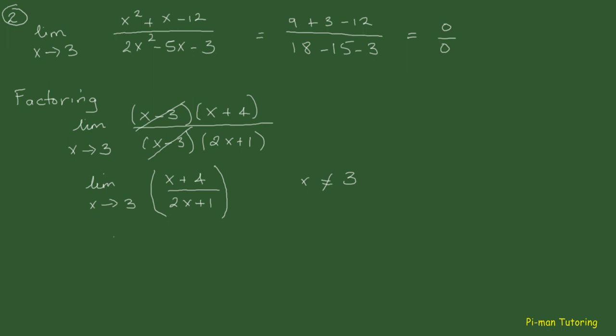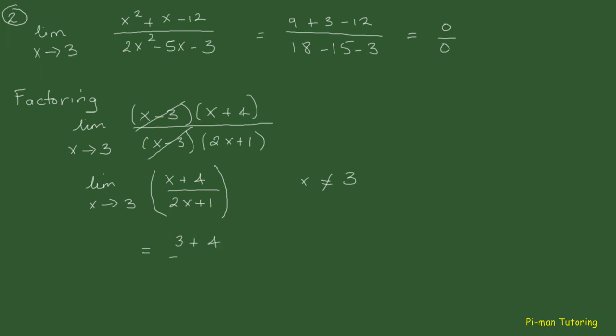But in the next step, now that we have factored the function and eliminated the factor that is causing the problems in simple substitution, now we do actually feed in the value 3. And that seems a little contradictory, and it's one of the things that confuses people when working out limits.